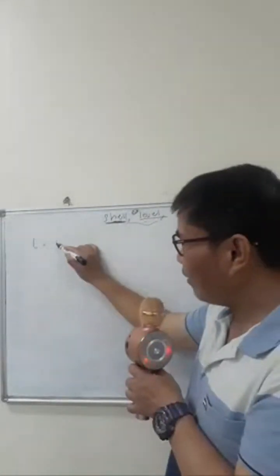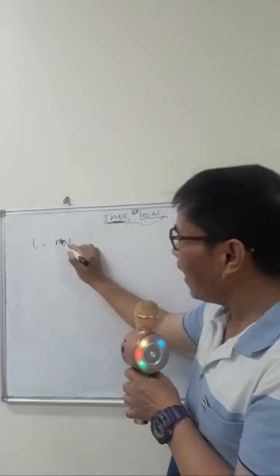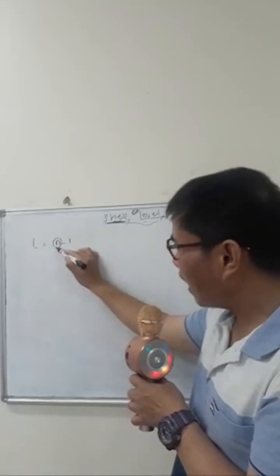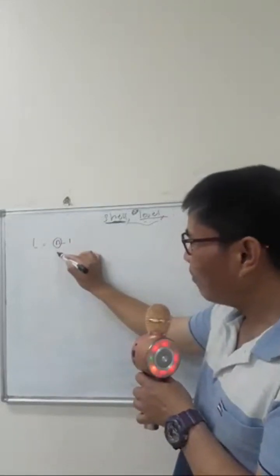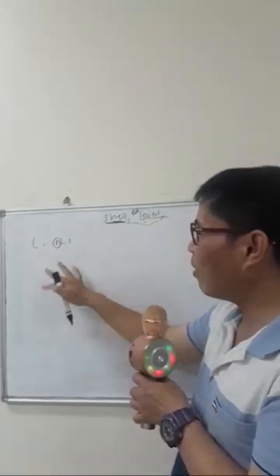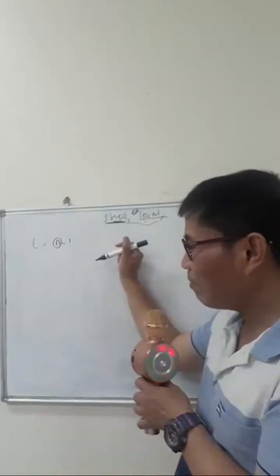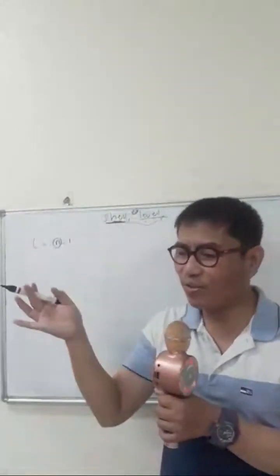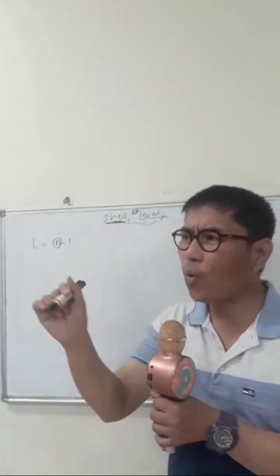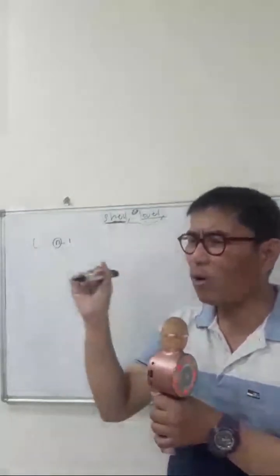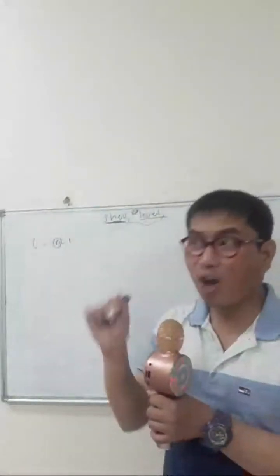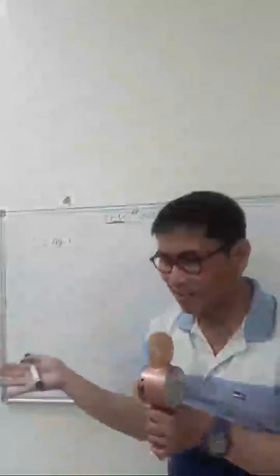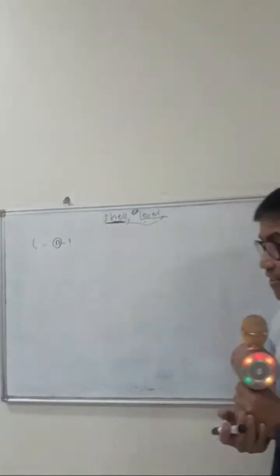The formula of L is n minus 1: energy level, or shell level, minus 1. We can also say orbit minus 1. By the way, an orbit is also a shell level, just like the planet Earth revolves in a specific orbit along with other planets in the solar system.